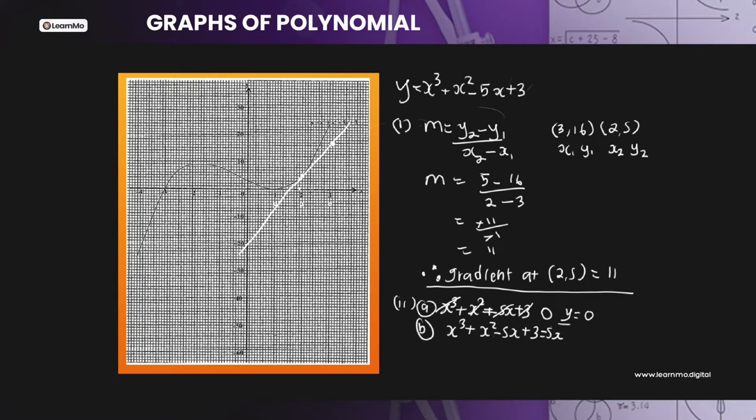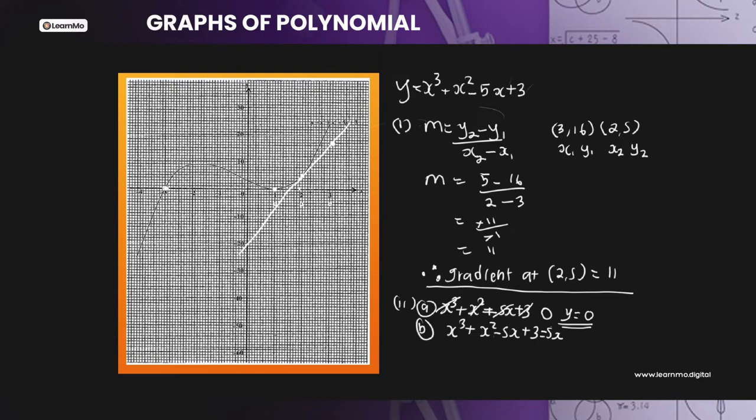Now if y is equal to 0, you go to your graph, where the curve cuts the x-axis. As we can see, this graph cuts the x-axis at this point, and we also have this point. So we only have 2 points in this case.